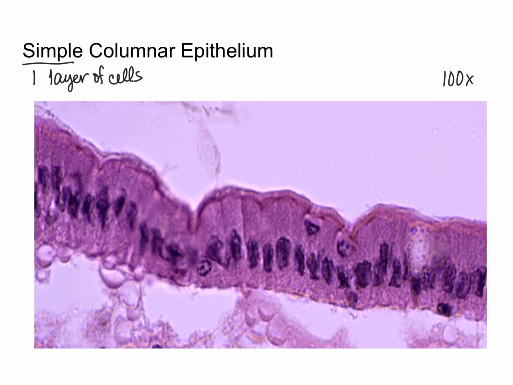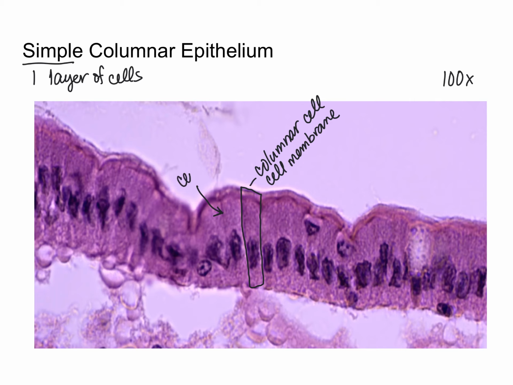And so what we're looking at here is, each one of these is a columnar cell. This is the cell membrane that I traced over. It's a little bit hard sometimes to make out the individual cell membranes, but you can see that here as well.